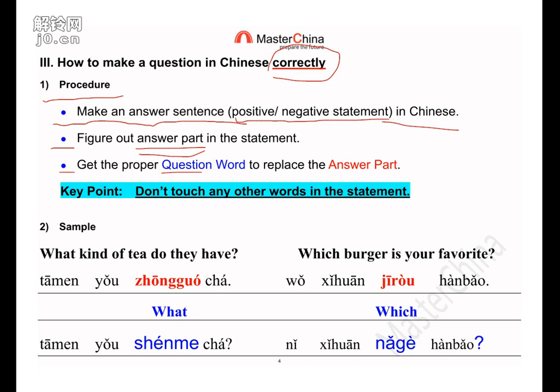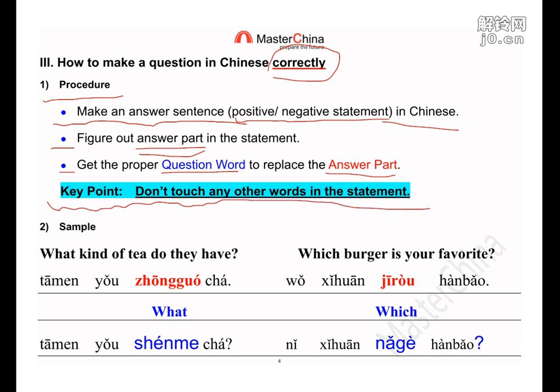We need to find the proper question word to replace the answer part. Key point, don't touch any other words in the statement. Other words means, except the answer part, all the rest of the words. Don't touch their position.